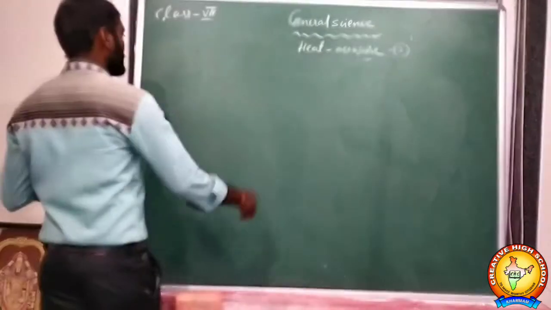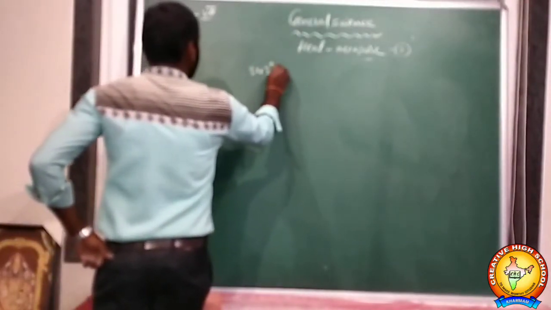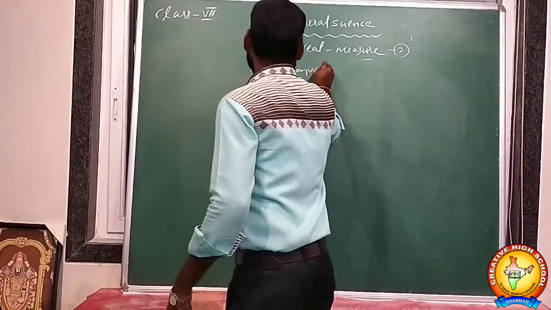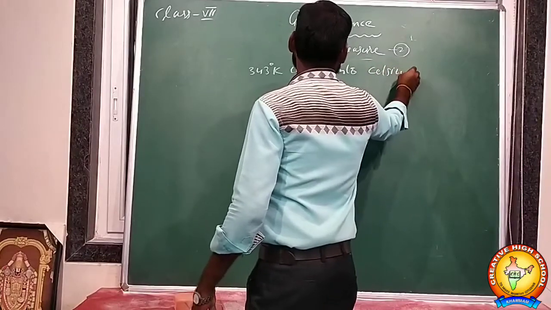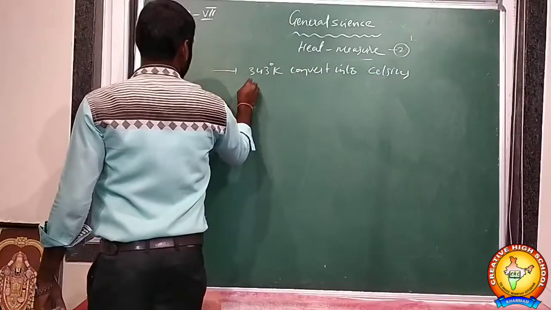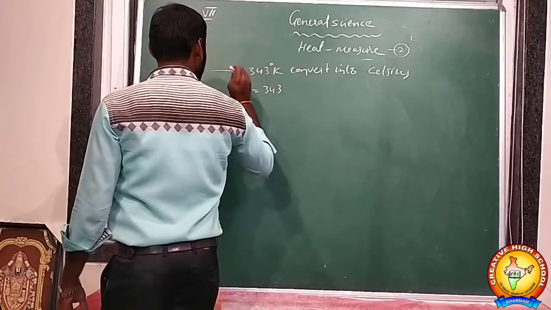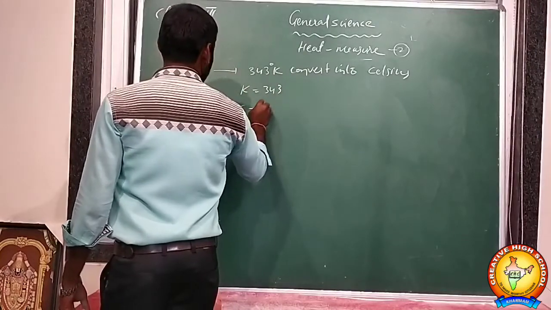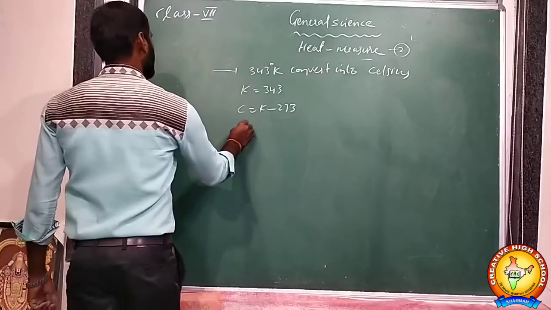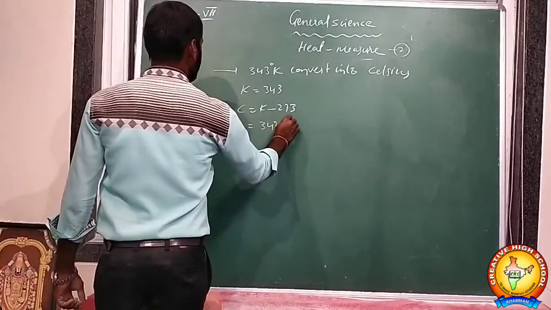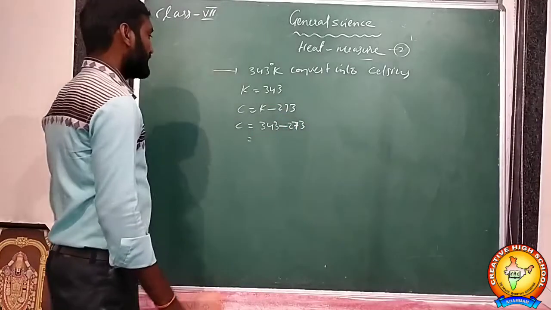For example, I gave you 343 degrees Kelvin. Convert it into the Celsius scale. So K is equal to 343. The formula for conversion from Kelvin to Celsius is C is equal to K minus 273. So C is equal to 343 minus 273.